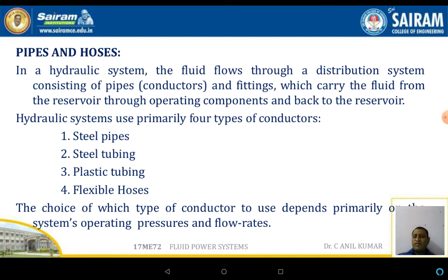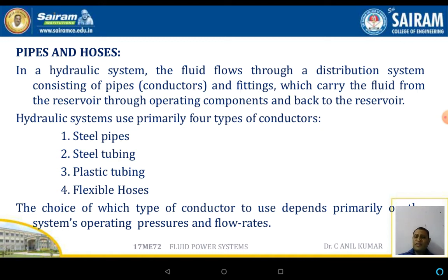The next topic we are dealing with is pipes and hoses. Especially in a hydraulic system or a pneumatic system, the flow of the fluid, whether oils or gases, should be through pipes only. These pipes should be made of steel, plastic, or even rubber, depending upon the flexibility and the pressures at which it is operating.